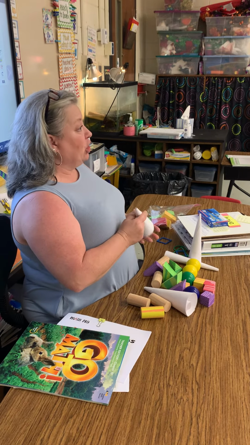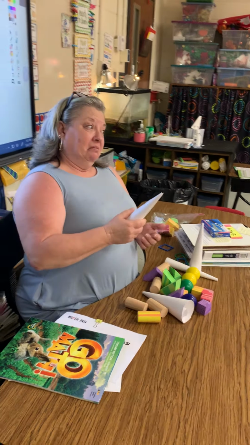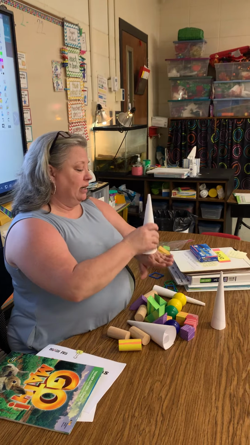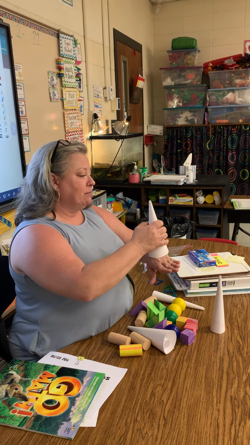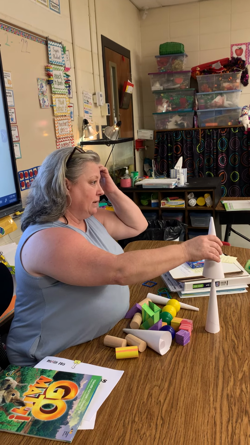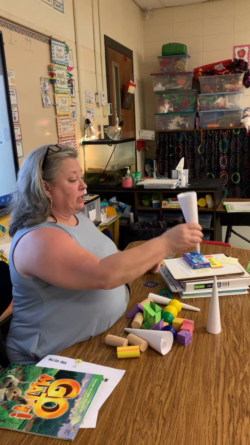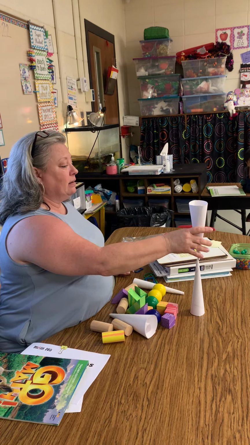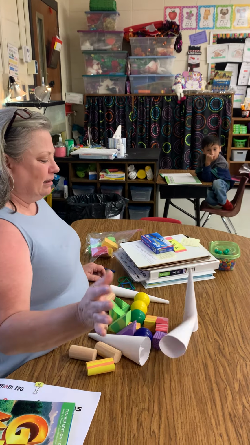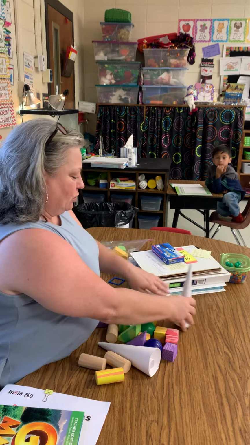Yeah, it can go on the top of the rocket ship. Look, if it's got a flat bottom, it's not going to stick up there. But you can flip it around. Okay, you say it could go this way? Yes. Then you put the flag. No, we can't stack cones.